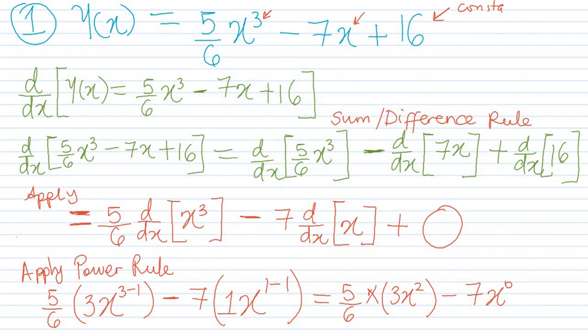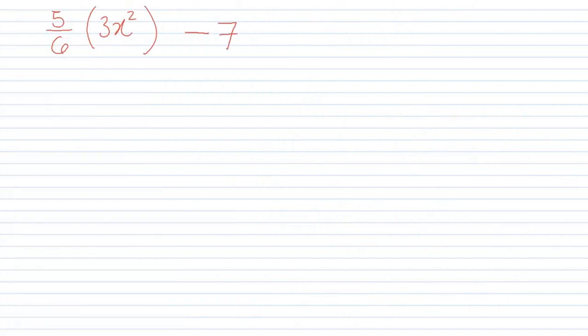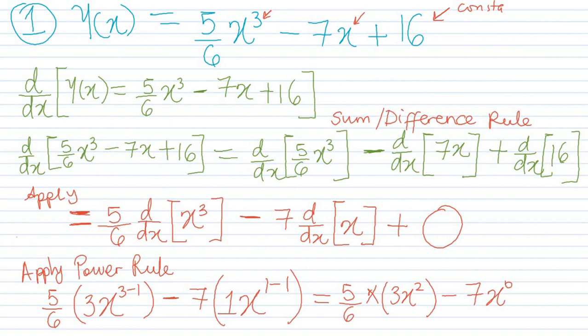So you have 5 over 6 multiplied by 3x squared minus 7. Now, what did I say whenever you have a variable raised to the power of 0? A variable raised to the power of 0 is always going to give you 1.